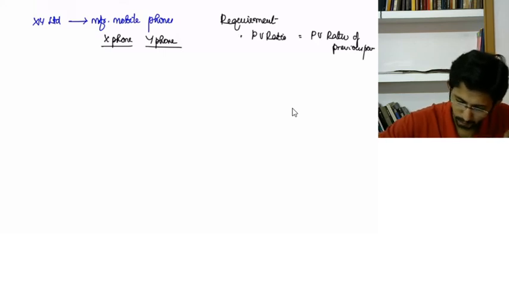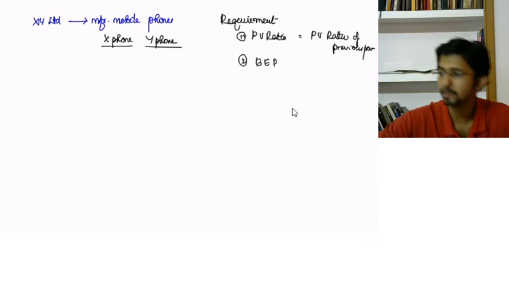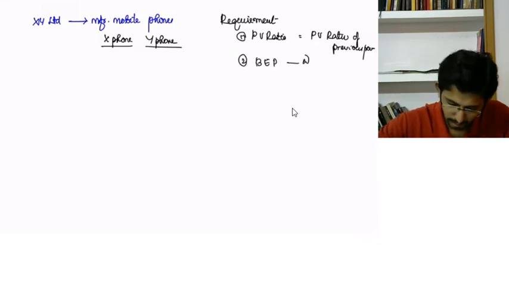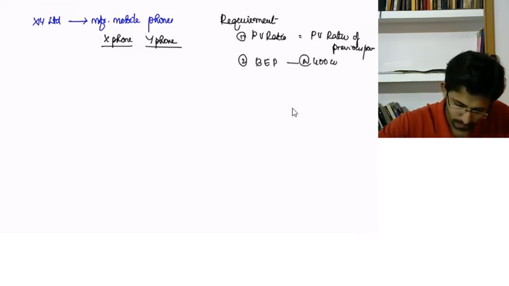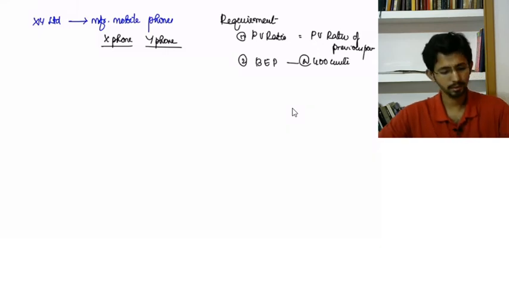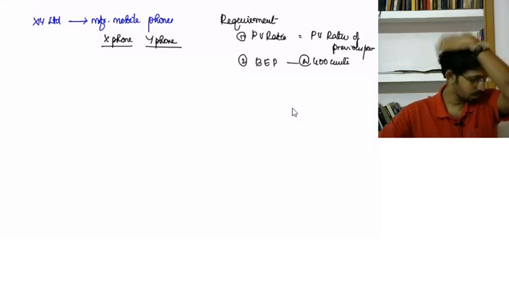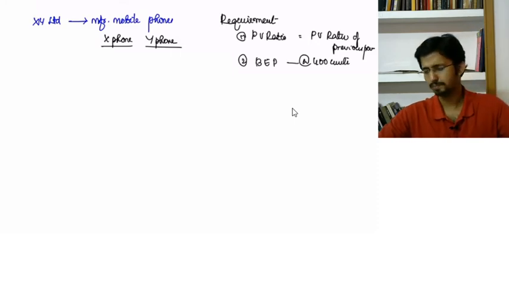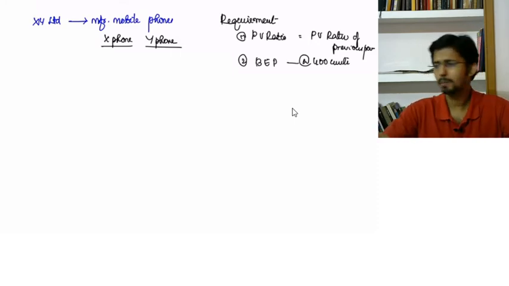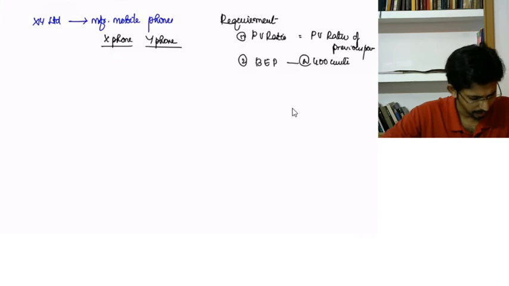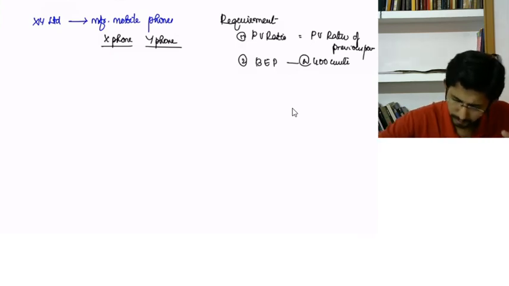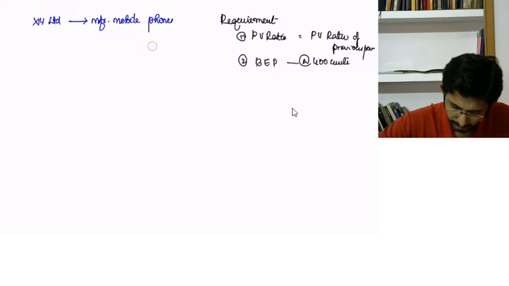That is one requirement. Second requirement is both the products should reach the break-even point at 400 units. So what should be the cost reduction program? It's a very basic level problem, nothing complicated in this.